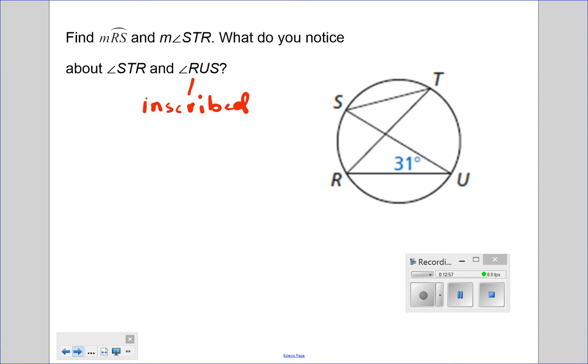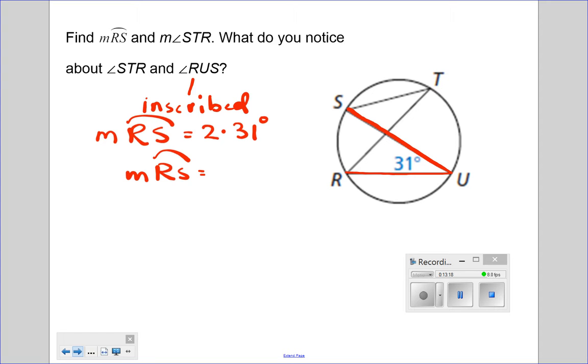So I think we can conclude that the measure of arc RS is 31 times 2. So the measure of arc RS equals 2 times 31, which is 62.